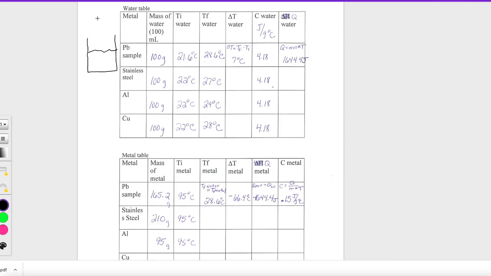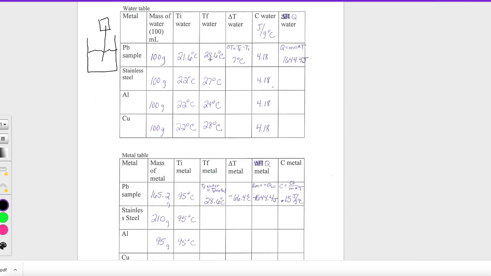Then they took a piece of metal that was really hot, 95 degrees, and put it in the water. Now the hot metal cooled down and the water warmed up until they reached an equilibrium temperature of 28.6. The metal cools down, the water warms up.